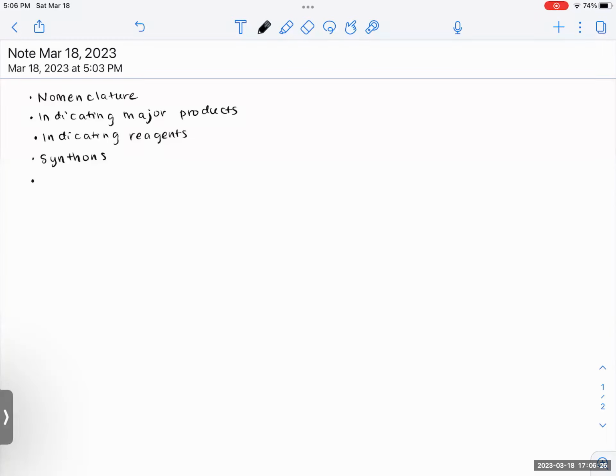You have to design a multi-step synthesis. So we're going to go over that, multi-step synthesis reactions.